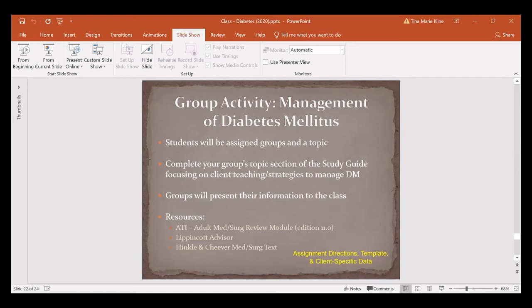Of course, nutrition teaching. One of the big hallmarks of diabetes is obviously going to be the diet and nutrition. So understanding what a consistent carbohydrate diet means and how many grams of carbs equal one carb exchange. Okay, that's from Foundations. 15 grams of carb equals one carb exchange.